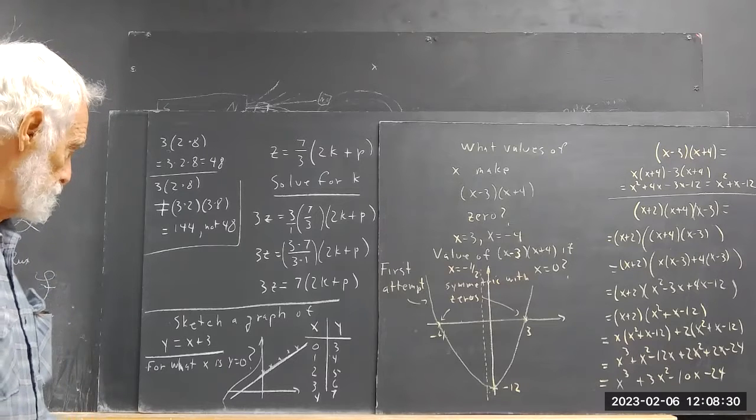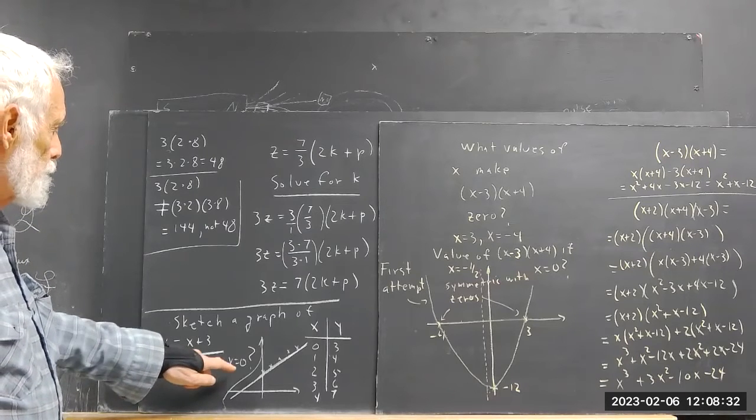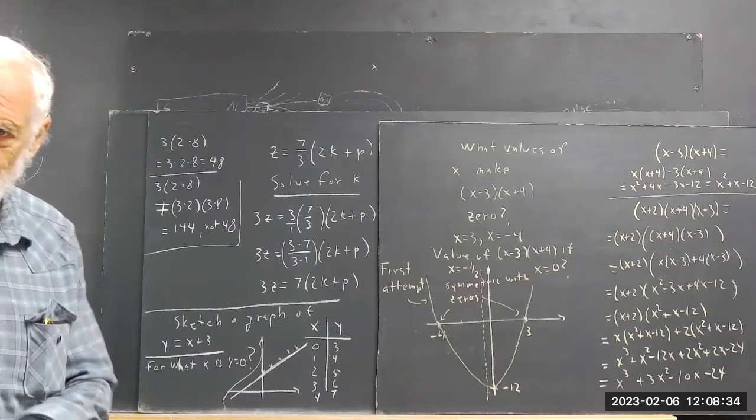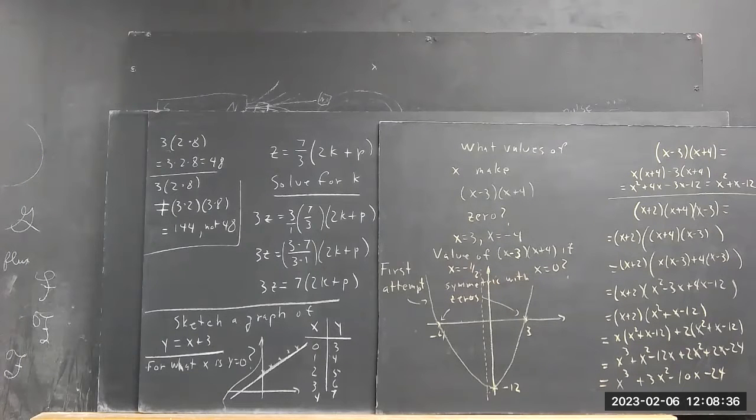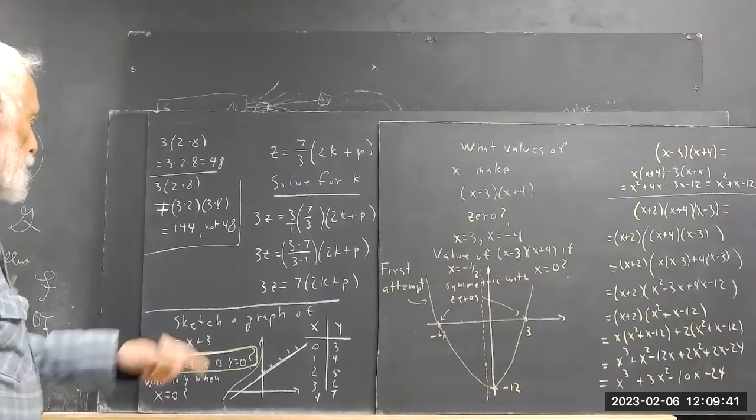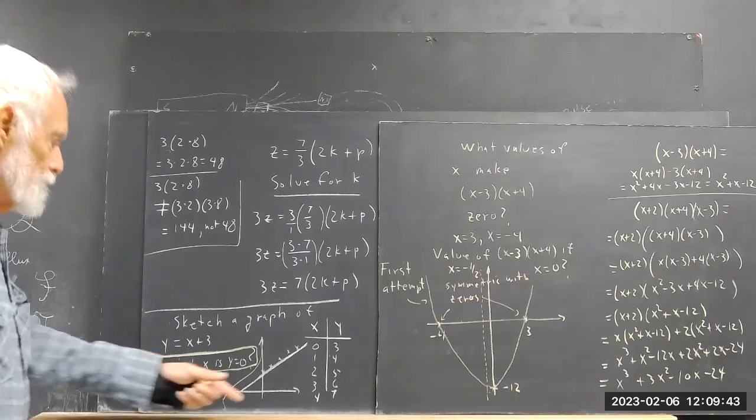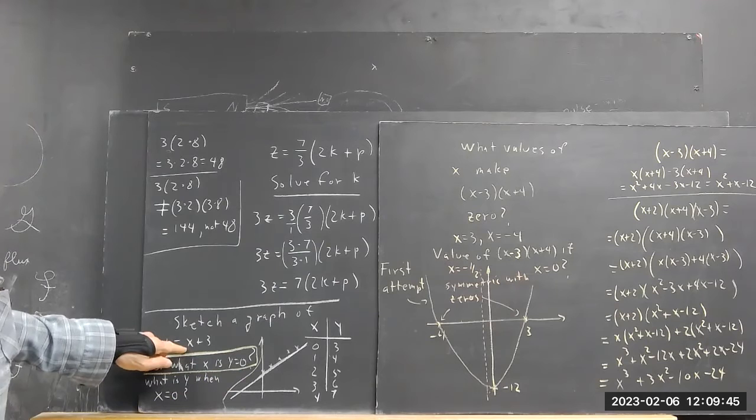Now we want to know for what value of x do we get y equals 0? We can get that by solving a simple equation, or we can just look at it and see. For what x is y equal to 0? Just looking at it, x would have to be -3.